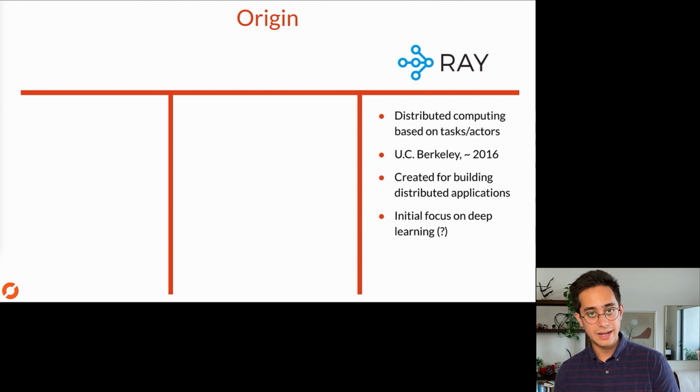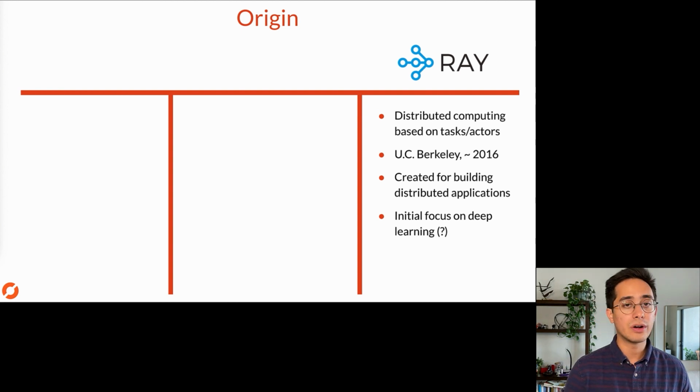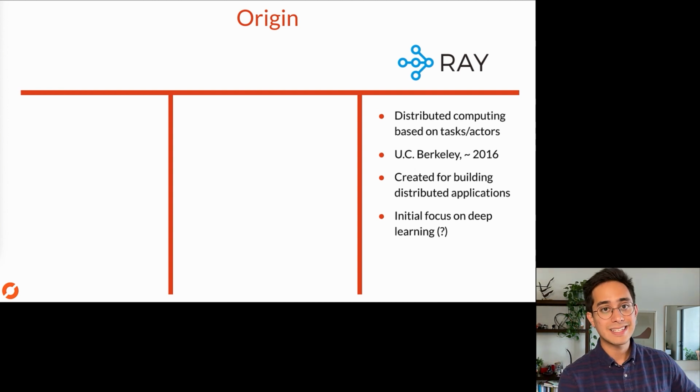The main things were that actor thing, and some nuances of how the task scheduling works for each of these tools. But I believe that Ray was initially built for distributing deep learning applications. I put that with a question mark only because I am the least familiar with Ray of all these tools, just letting you know, because deep learning is a community I've been less connected to, as opposed to data engineering with Spark, and data science with Dask and things like that.